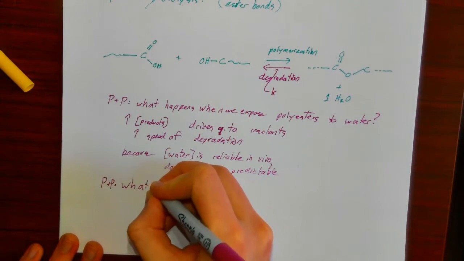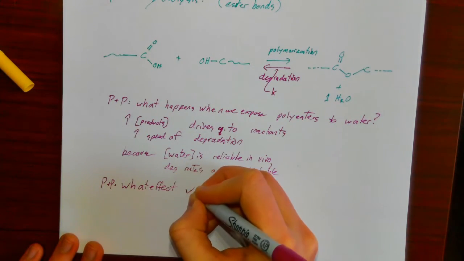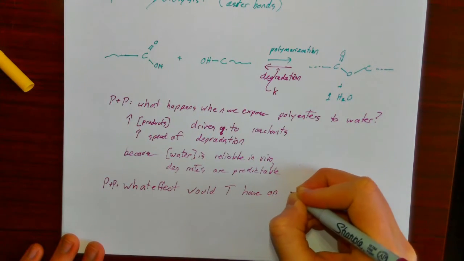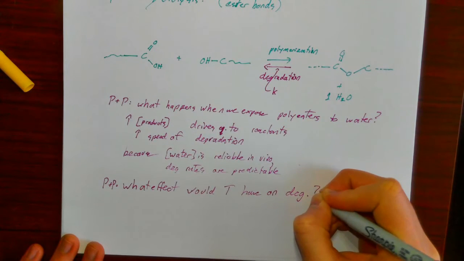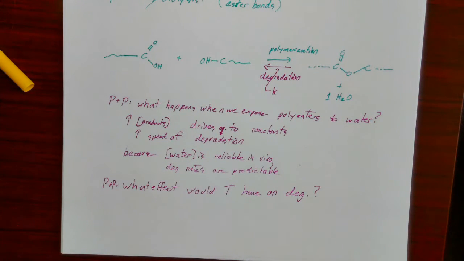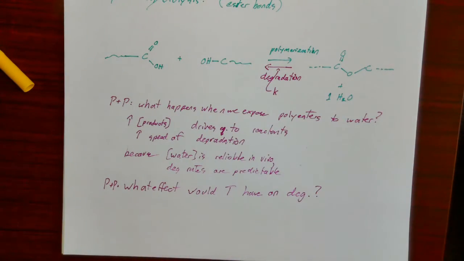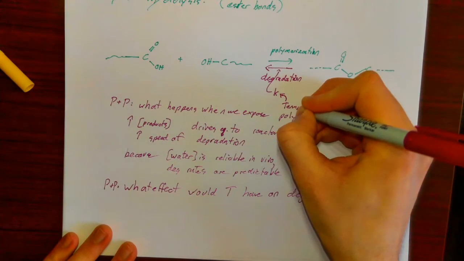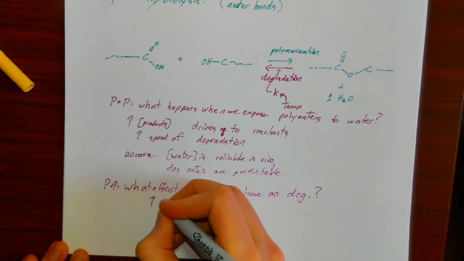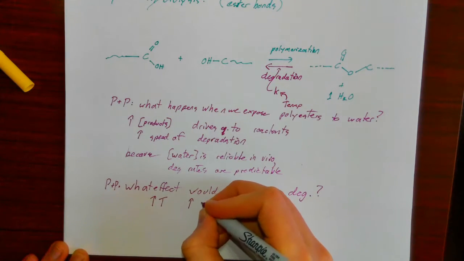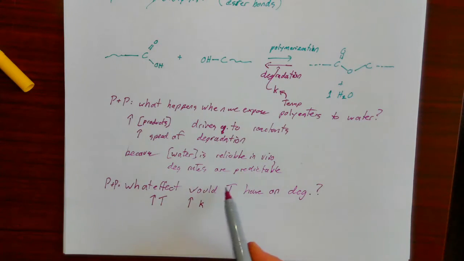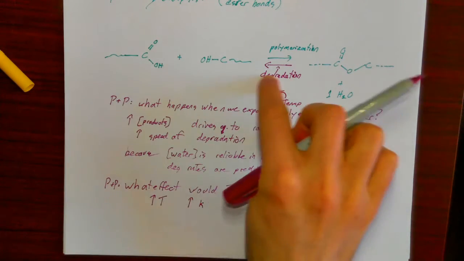What effect would temperature have on degradation? Well, these Ks basically indirectly depend on temperature. And almost always, if you increase the temperature, you also increase these reaction rate constants. So generally, as temperature increases, the rate of degradation increases.